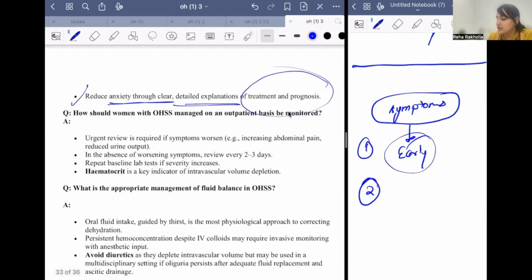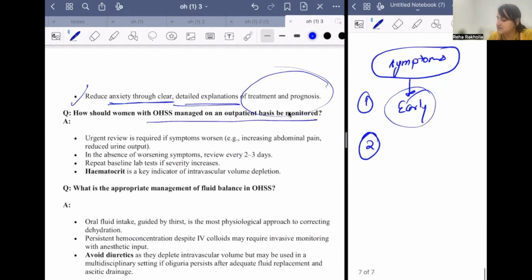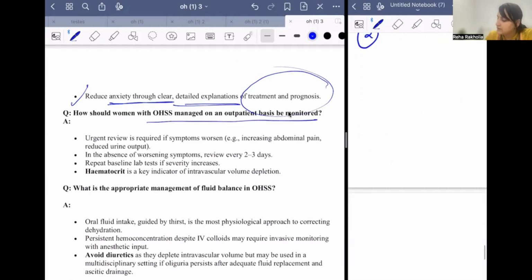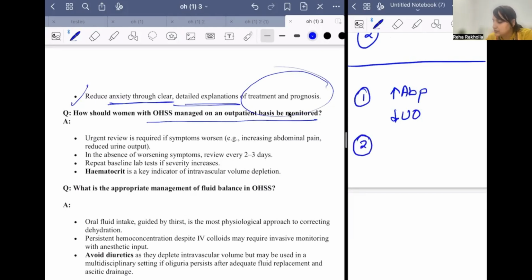How should women with OHSS managed on an outpatient basis be monitored? See, on an outpatient basis, urgent review is required if symptoms worsen, like increased abdominal pain or reduced urine output. So we'll have to tell the patient that if some symptoms worsen, you have to review.